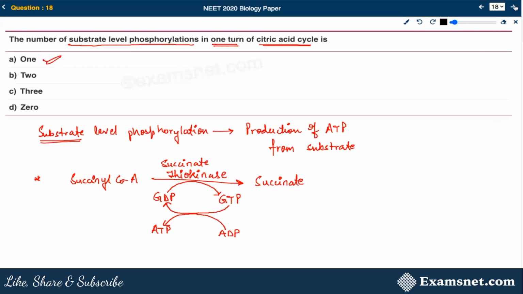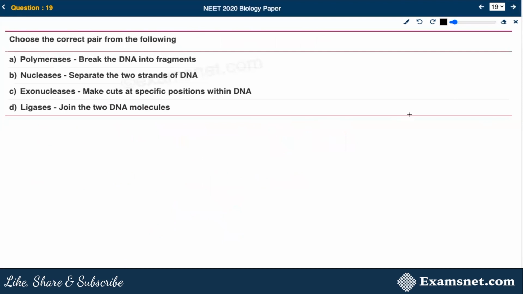Now let's move on to the next one, which is the 19th question. It says you have to choose the correct pair from the following statements of definitions or functions.